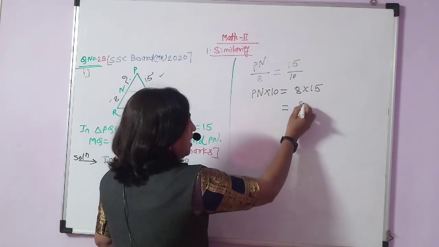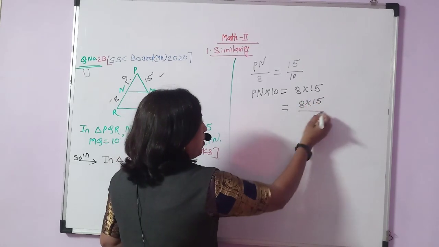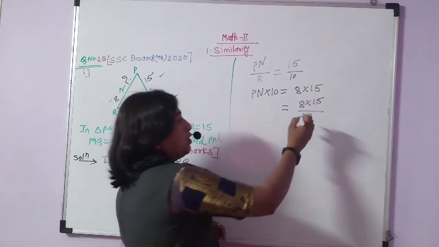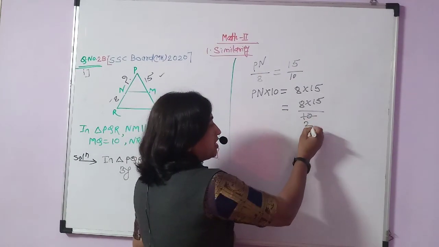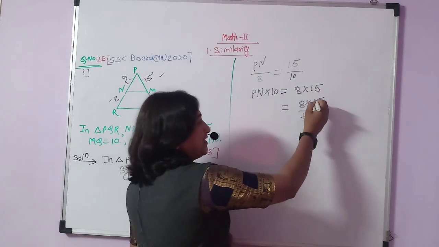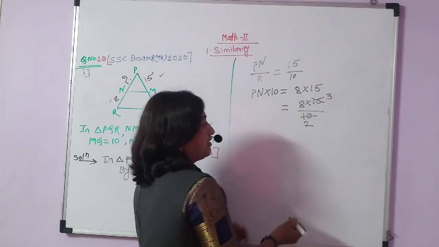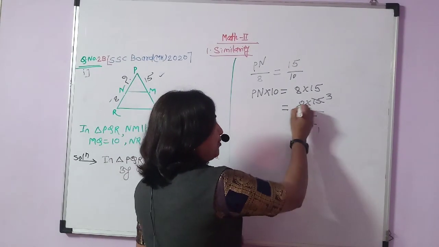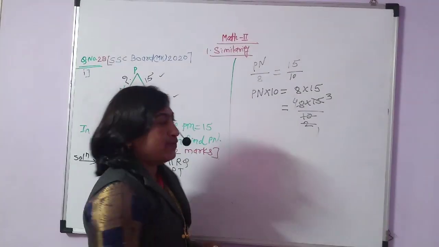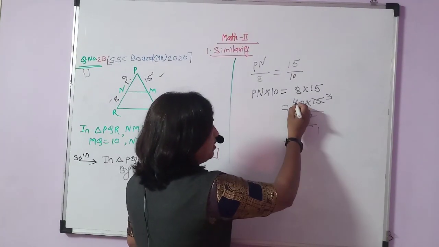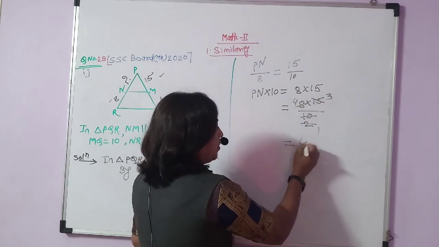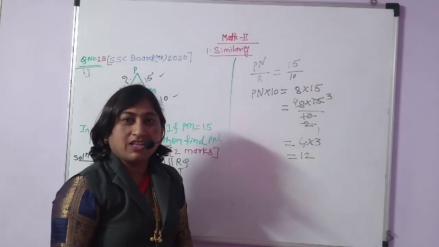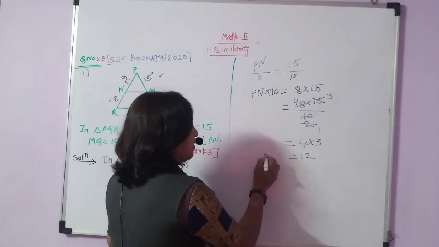Therefore PN equals 8 into 15 upon 10. We take division: 5 twos are 10, 5 threes are 15. Again 2 ones are 2 and 2 fours are 8. We get 4 into 3, which is equal to 12. Therefore we get the value of PN equal to 12.